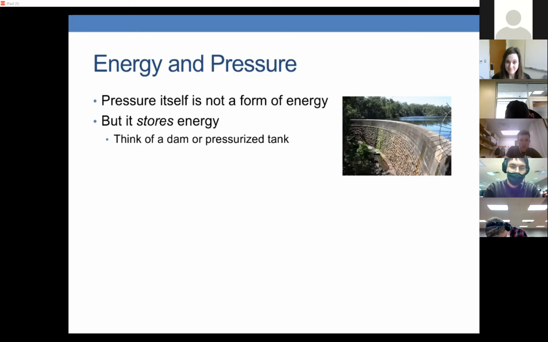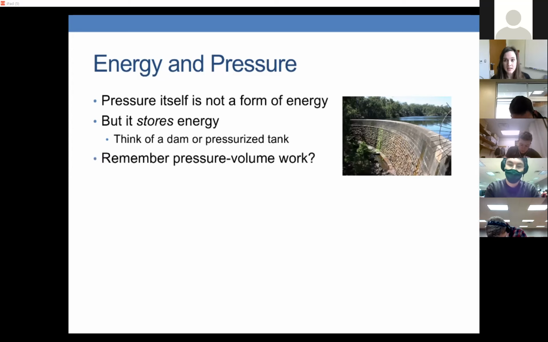Is that like talking about if you remove the dam, then the water would move? Yeah, if you remove the dam, the water would move, which there's potential energy there too, because the water is higher on that side, which also means it has more pressure, the hydrostatic pressure we've been talking about. Also, do you remember pressure volume work from physics classes? What would that be? It'd be like a gas usually.